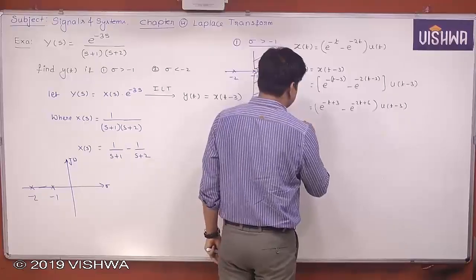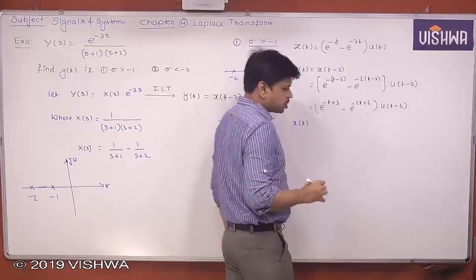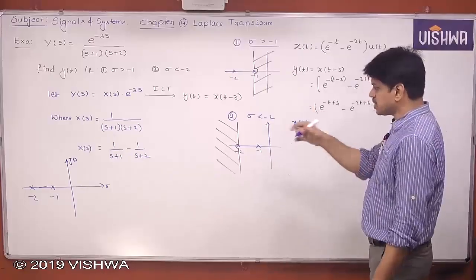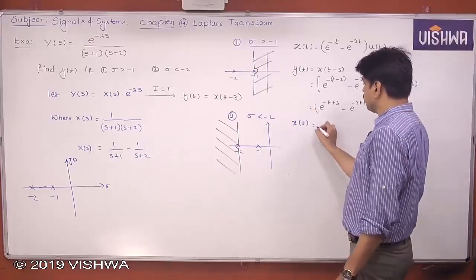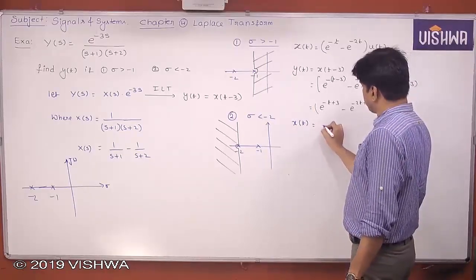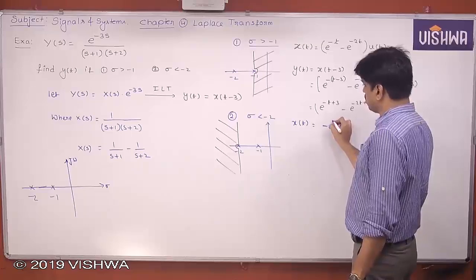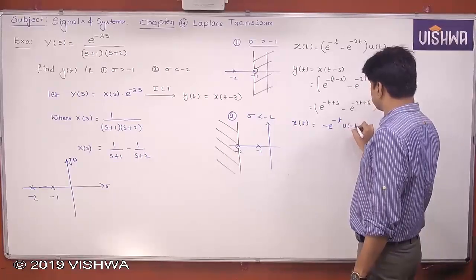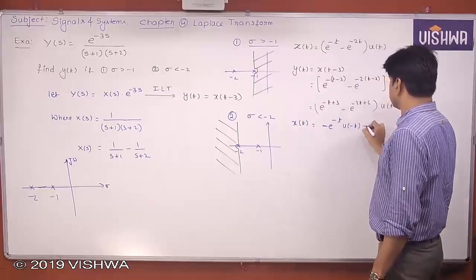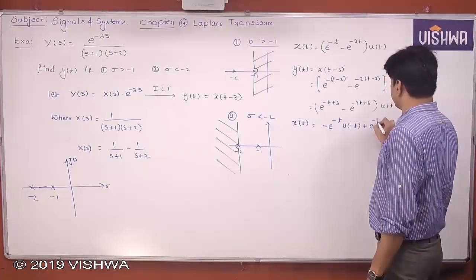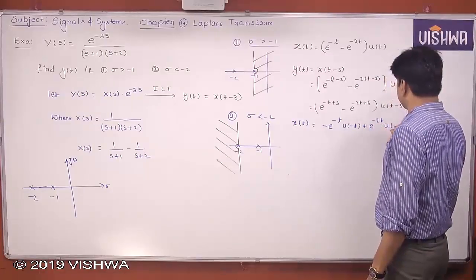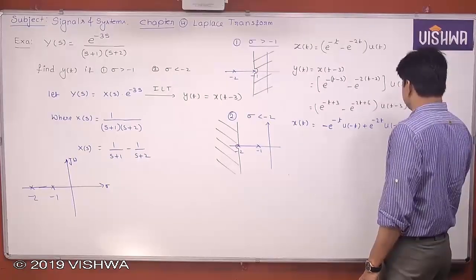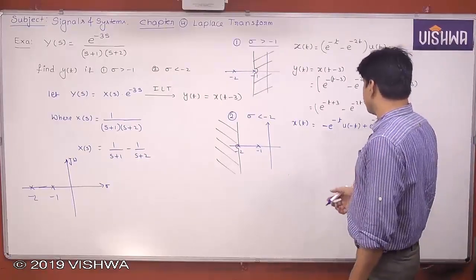Because it is a left-sided ROC, for both the poles, we have to write the left-sided signal only. So how can we write the left-side signal for this? We have to change the sign: minus e power minus t u of minus t plus e power minus 2t u of minus t. For both the poles, it is a left side signal. So this is what x of t.